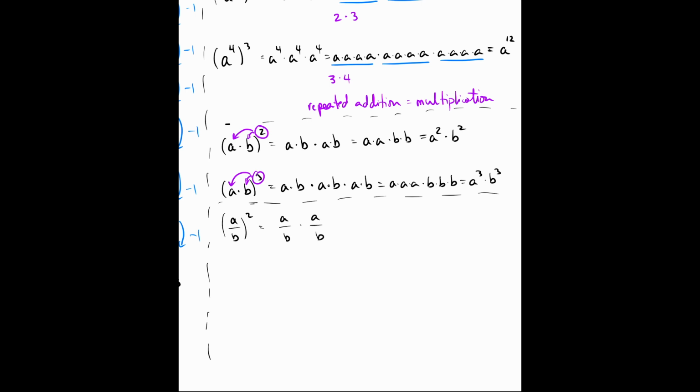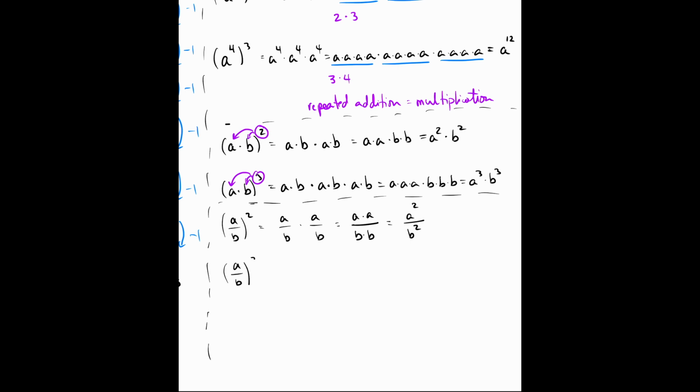We multiply the quotient by itself 2 times, and then use exponents. Actually, here, let me clarify this here. And just remember what multiplying fractions is like. We multiply the numerators and we multiply the denominators.